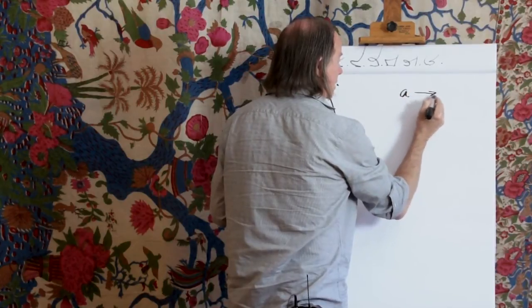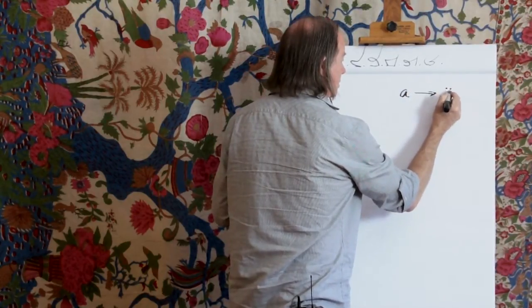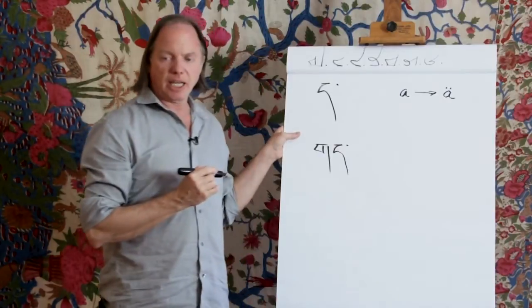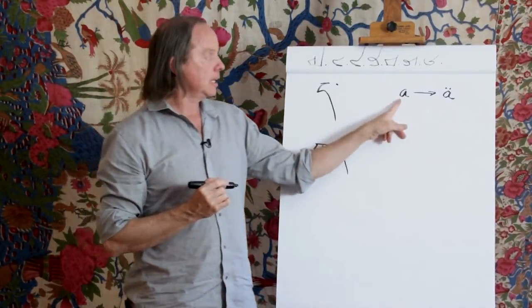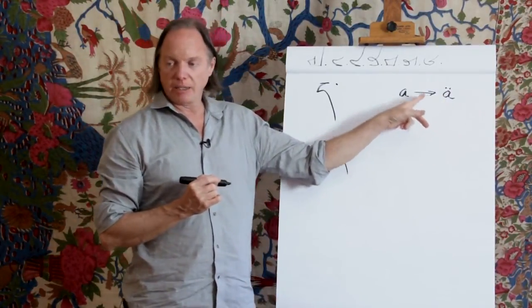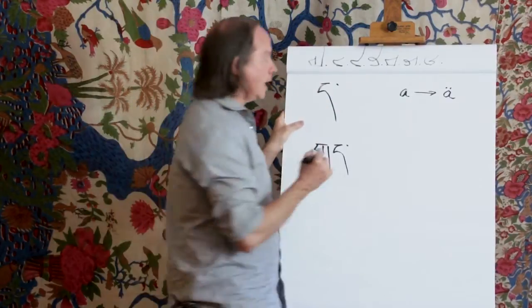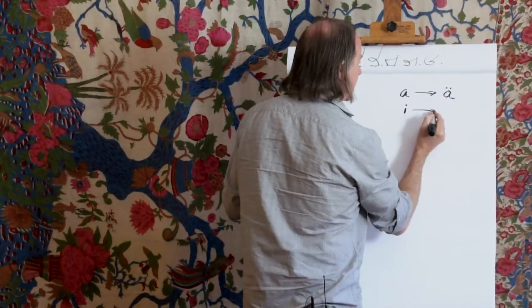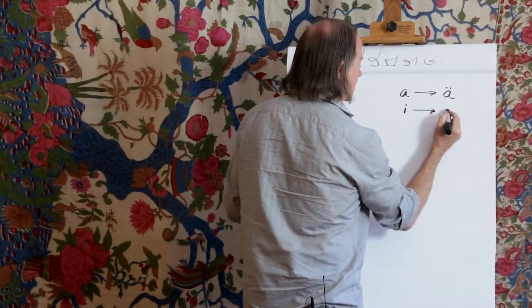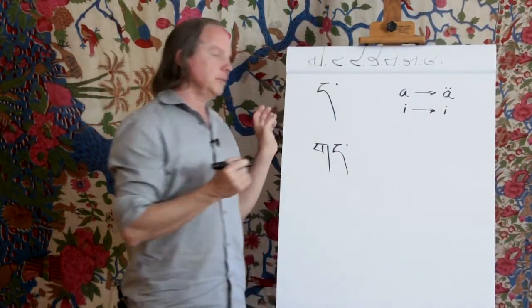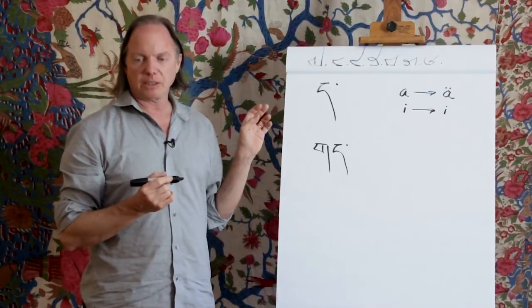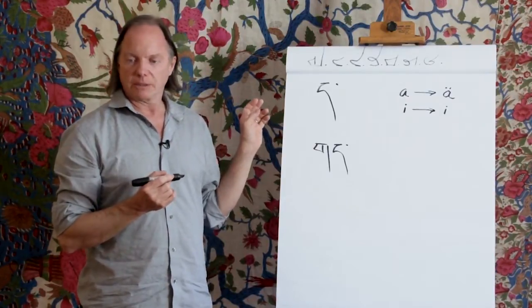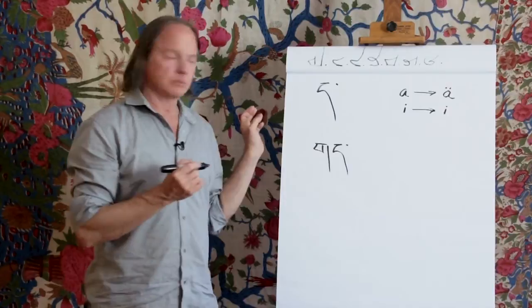A changes to e, say e, a umlaut. E: there's no umlaut on an E, so there's no change there. E remains the same. You can't change it with an umlaut. I don't even think it has an umlaut in German.